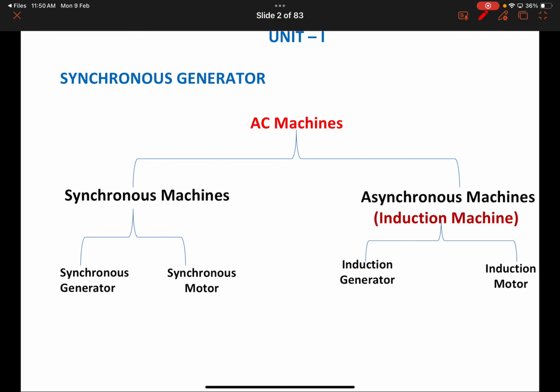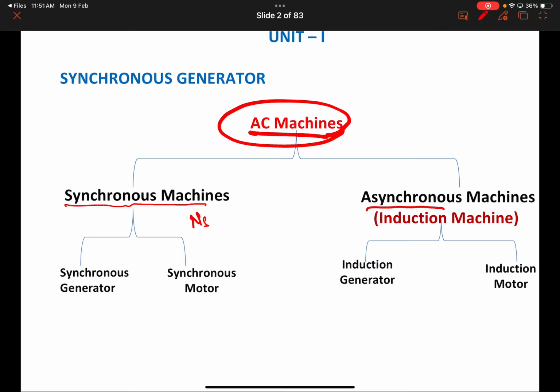Okay, so coming to synchronous generators, at the starting we discussed that there are two topics here. In DC machines, there are DC generators and DC motors. Similarly, in AC machines, one category is synchronous machines, another category is asynchronous machines. A synchronous machine rotates only at synchronous speeds.